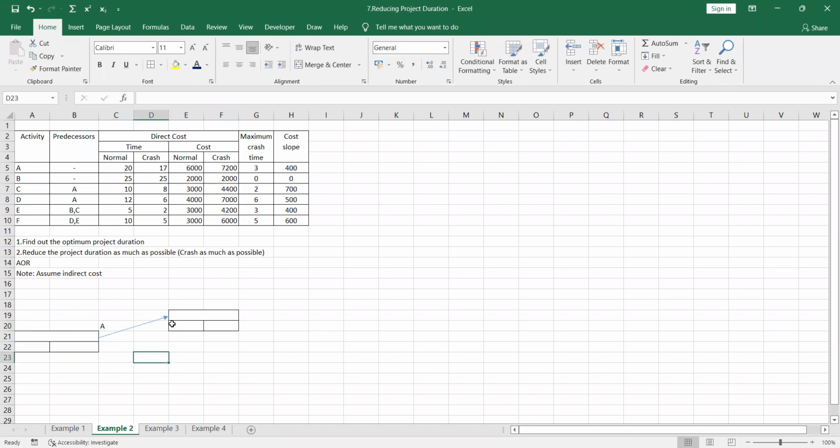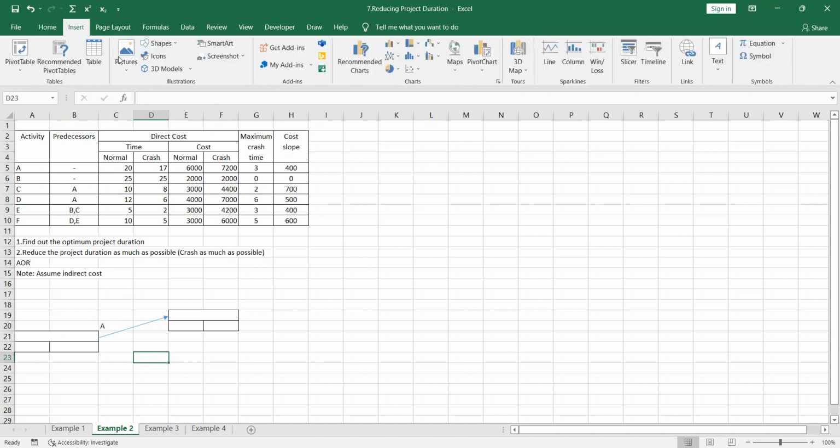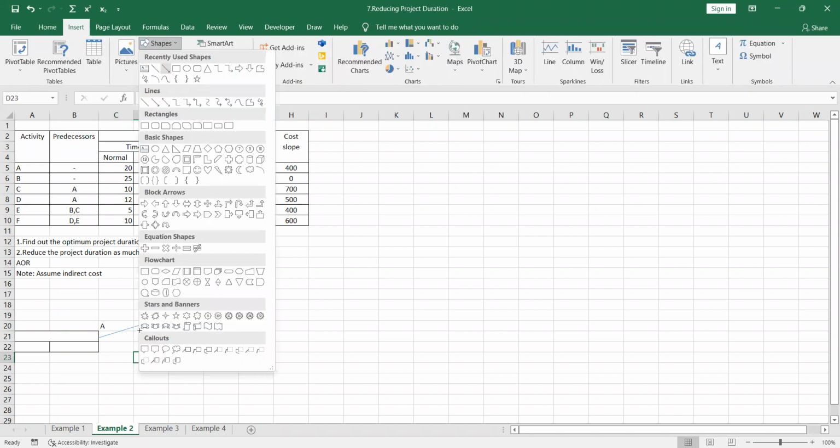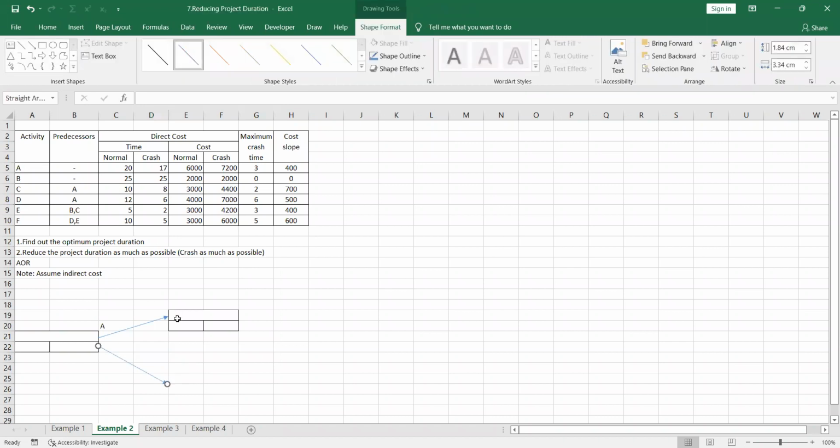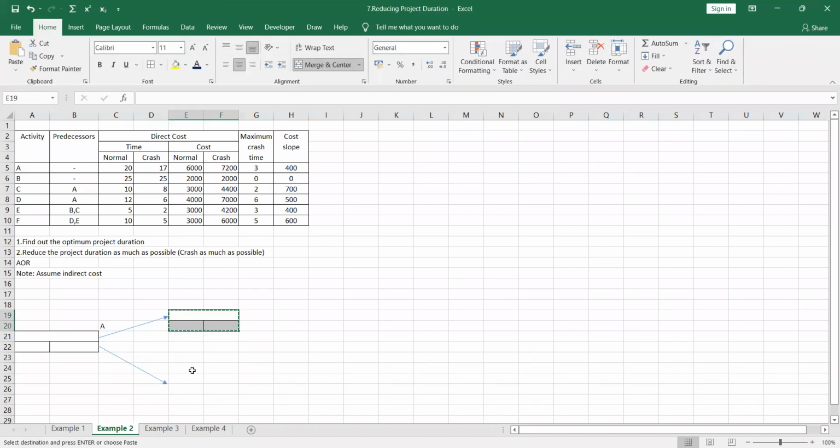This is for the activity A. For the activity B also, there is no predecessor, so we can start from here. I will denote this as 1, this is the second one, and this is the third one. This arrow is drawn for the activity B.